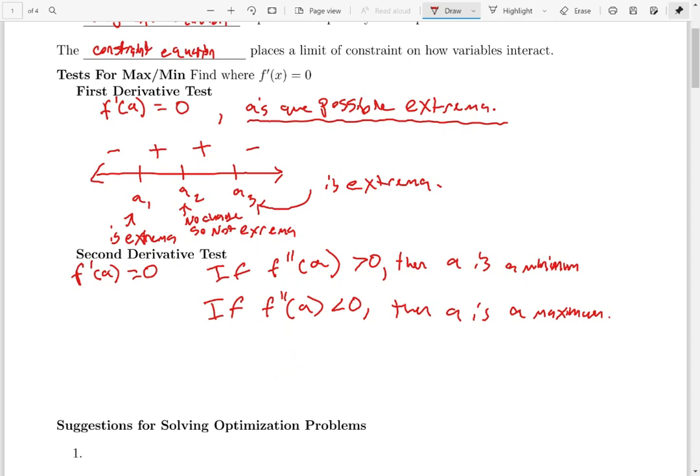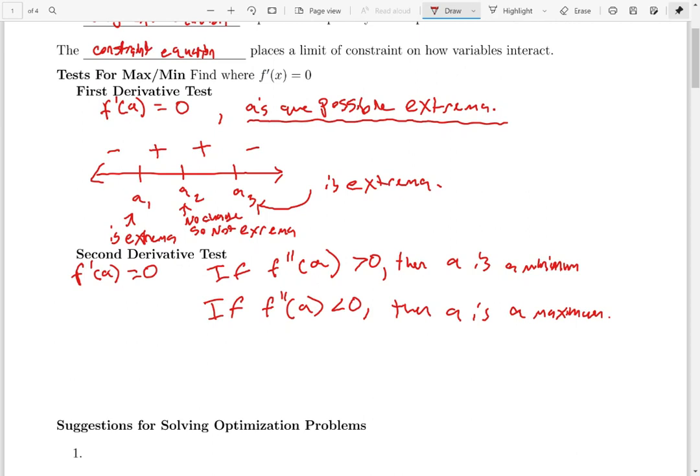Keep that in mind. You can use the first derivative test as standalone, or in conjunction with the second derivative test to verify maximums and minimums. And of course, recall that if the second derivative of that value equals 0, it's inconclusive, and you're really going to have to return to cutting up the number line anyway.